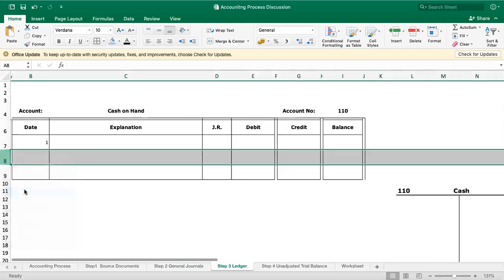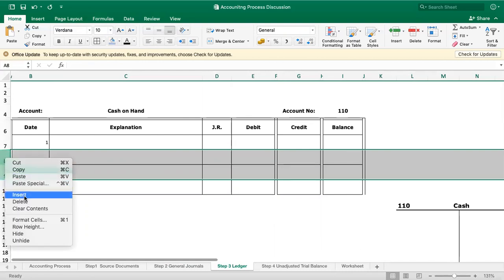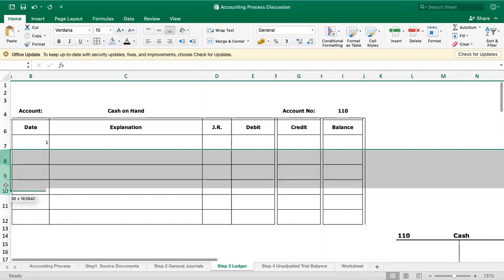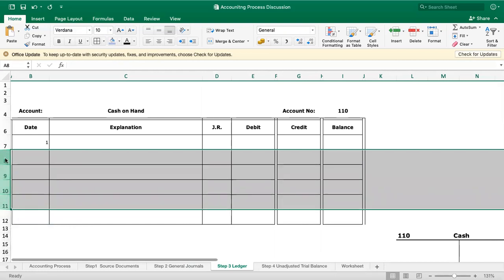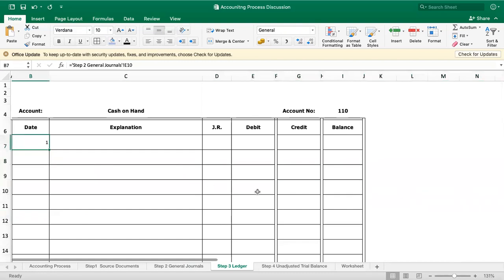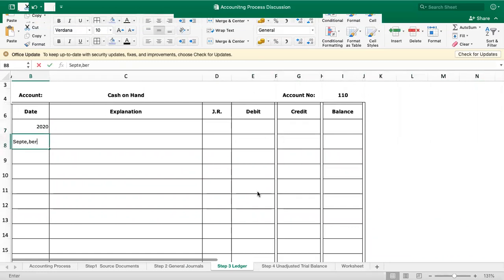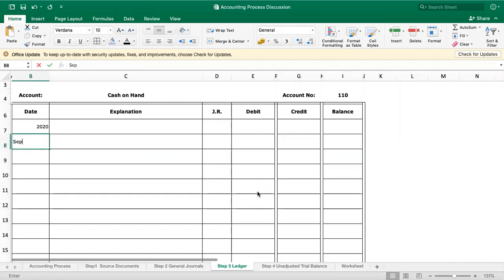Let's add more rows, because we have several transactions that affect your cash on hand account. This is the actual format of the general ledger. This is the date, you have September 2020.